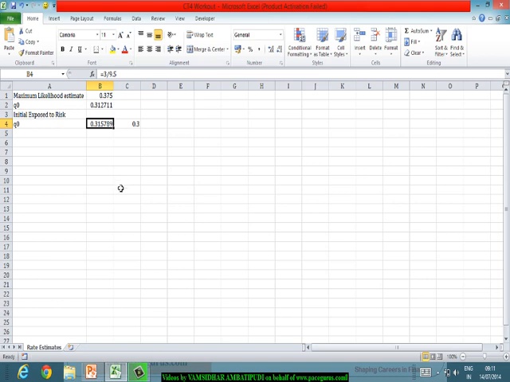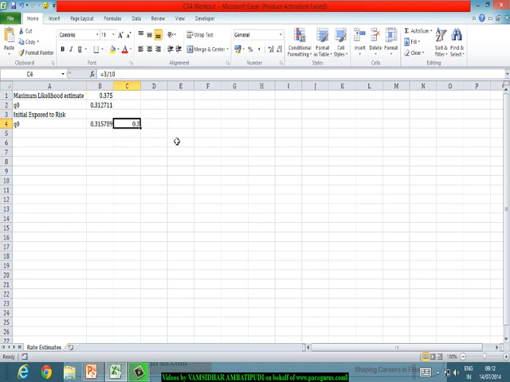Whereas what we computed using the other mechanism assumes that the force of mortality is constant between the ages 0 and 1.